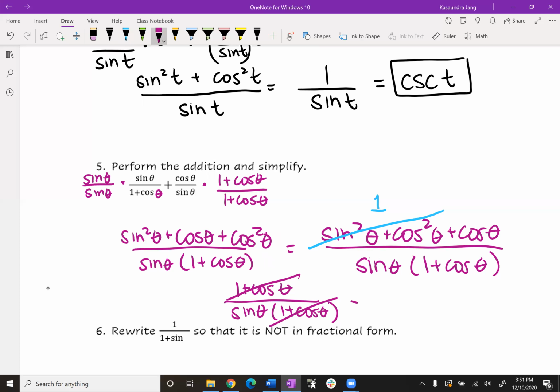Those are gone. Anything divided by itself is 1. So I have 1 over sine of theta. Okay, so that puts me where I was on this one, where 1 over sine is cosecant. So this whole messy fraction ended up with a straight up cosecant of theta. I almost wrote a t like this one. It's supposed to be cosecant of theta though. Different variable, but same deal. All right, there we go. We totally simplified it down.